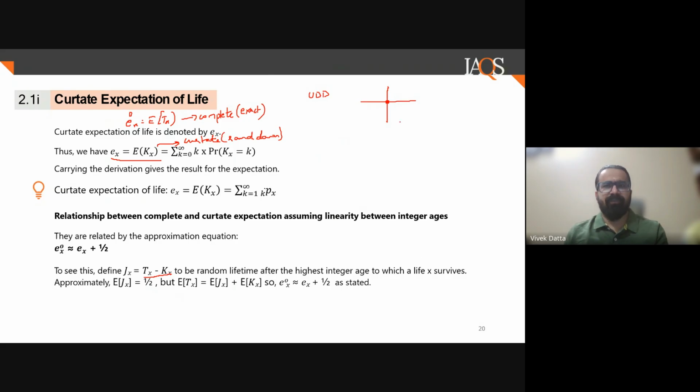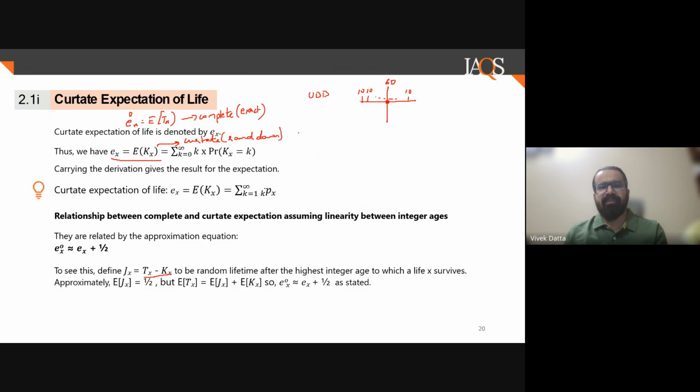Even if you do the mathematical version, 10 here, 10 here, dot, dot, dot, 10 here, the average will come to half year. So the same concept applies here.